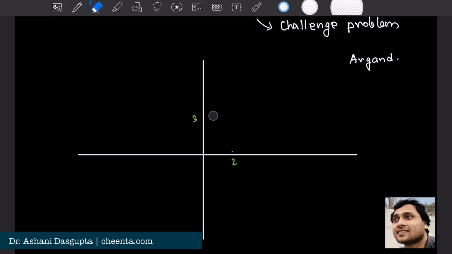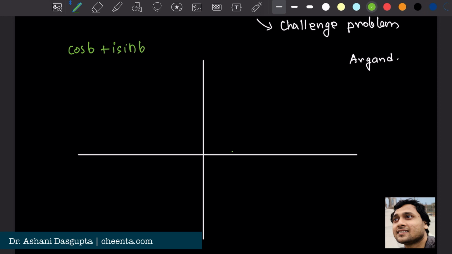So if I take cos b plus i sin b, then it's just the point (cosine b, sin b). The x coordinate is cosine b and the y coordinate is sin b.